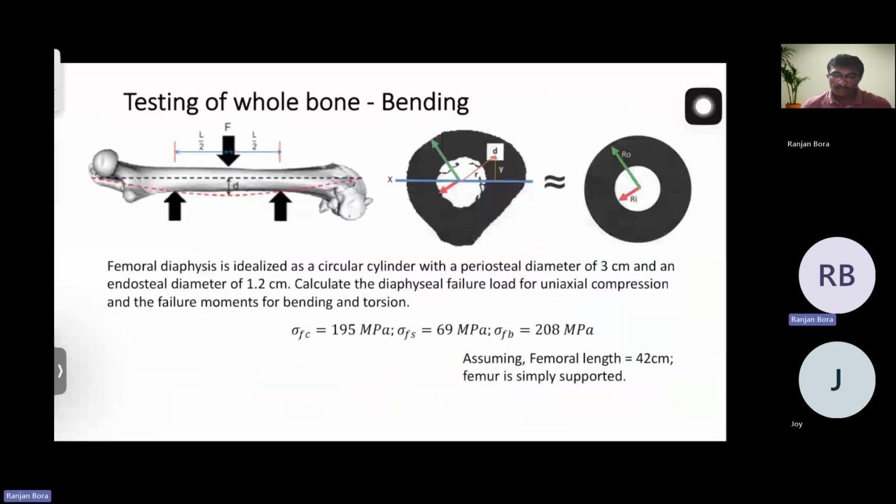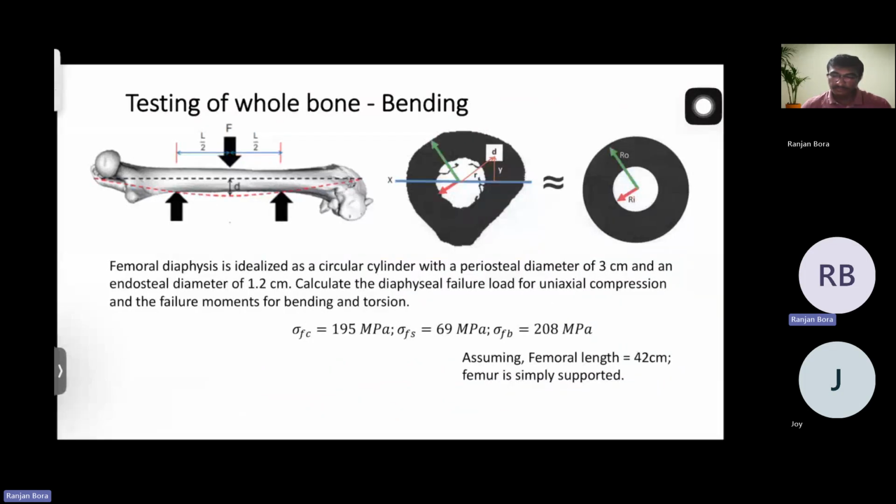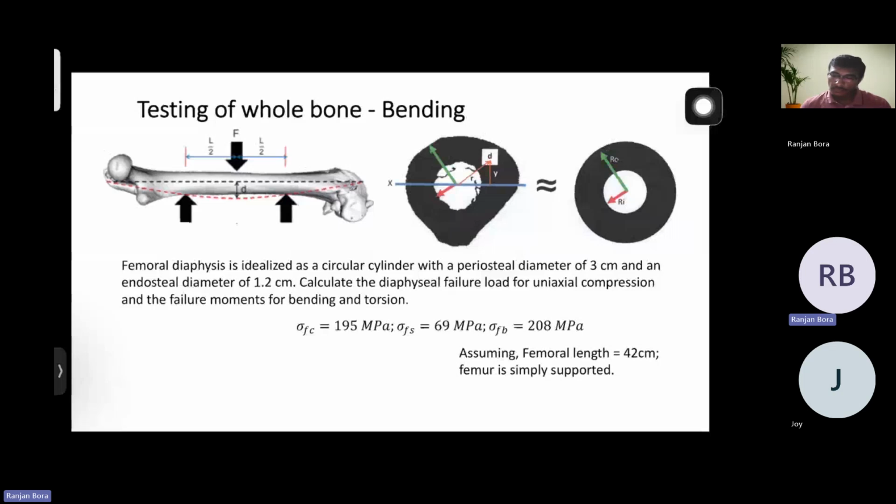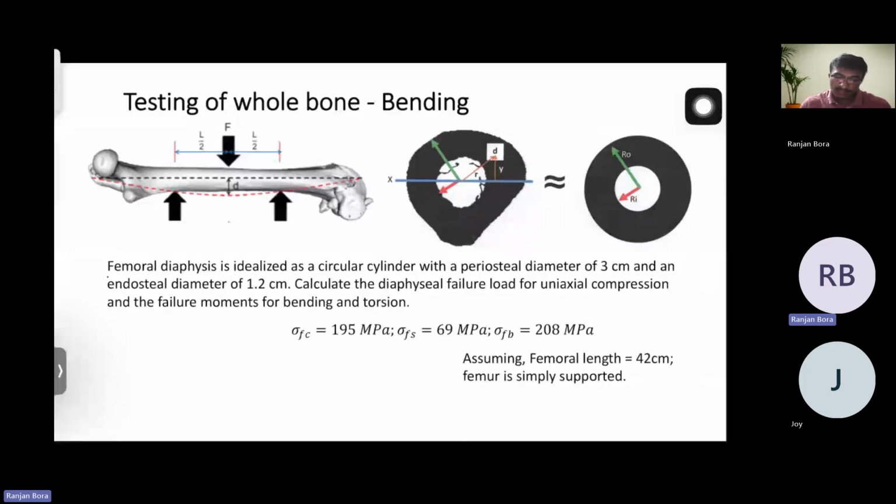There is one more problem. In this problem it is saying that the femoral diaphysis is idealized as a circular cylinder with a periosteal diameter of 3 centimeter and an endosteal diameter of 1.2 centimeter. Calculate the diaphysial failure load for uniaxial compression and the failure moments for bending and torsion.